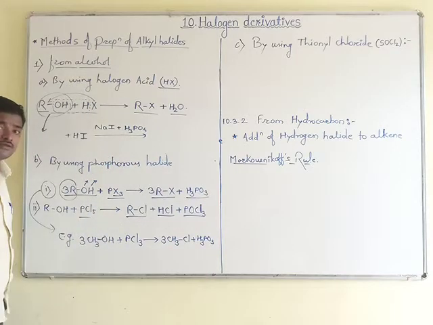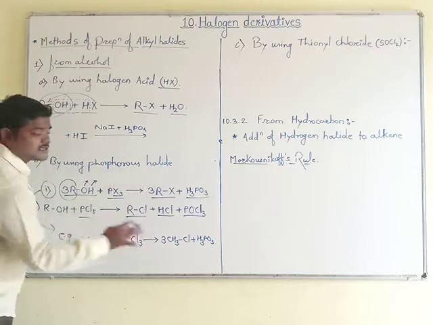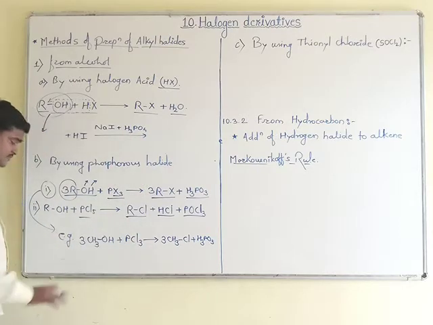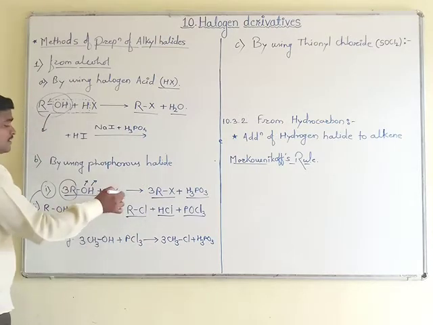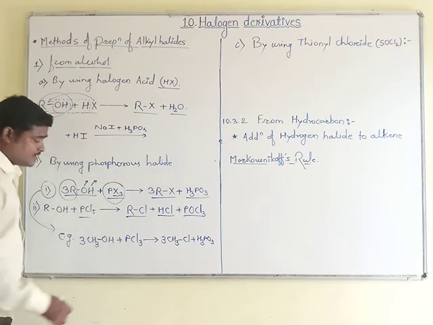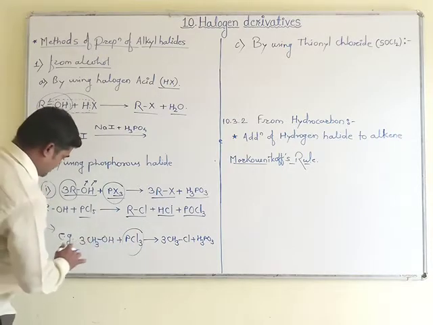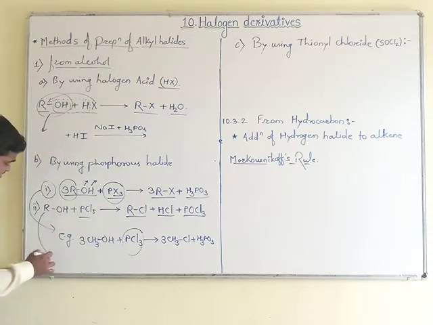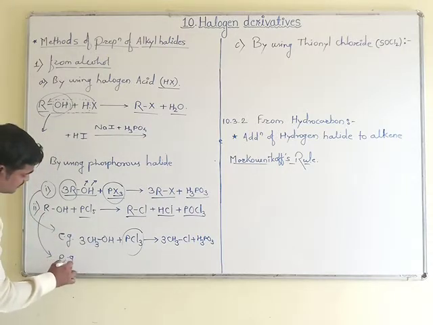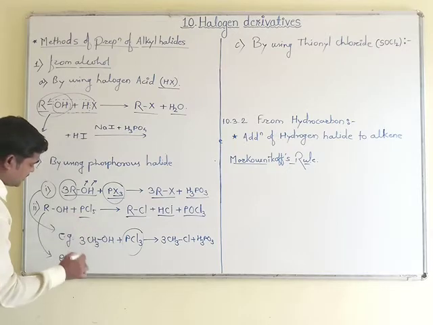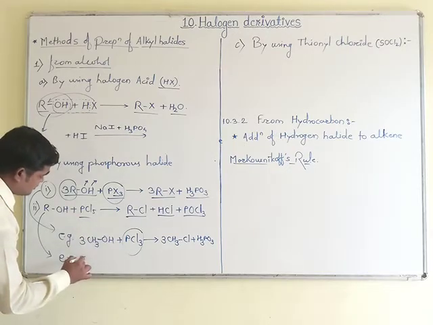Okay, so this is the general reaction and its example. So this is for phosphorus trihalide, that is PCl3 is the example which we can take here.